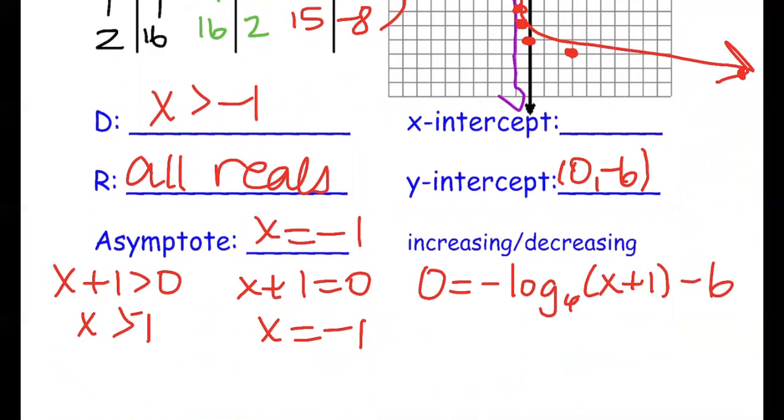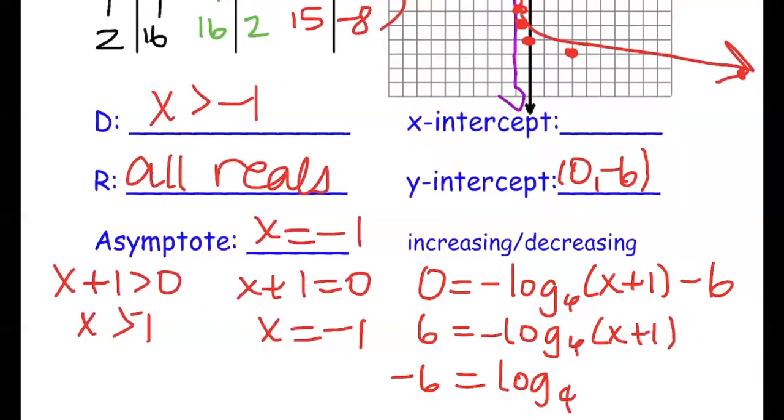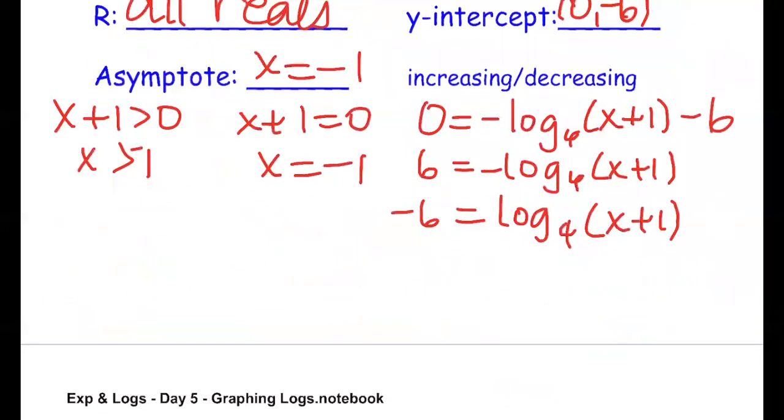And I'm supposed to solve that. So I'm going to add 6 to both sides. I'm going to divide by a -1. And then to keep going, I'm going to rewrite this in exponent form. So this is 4 to the -6 equals x plus 1.